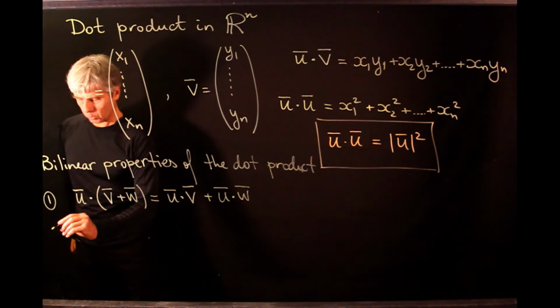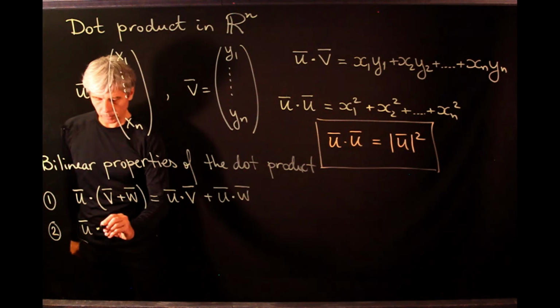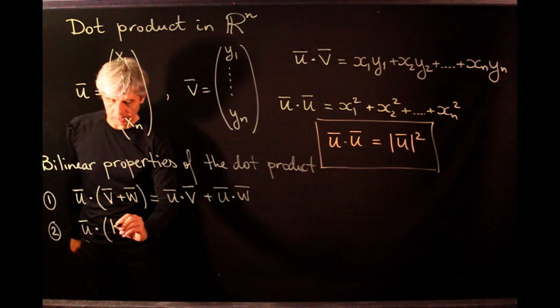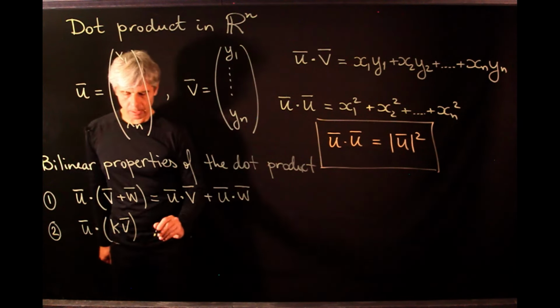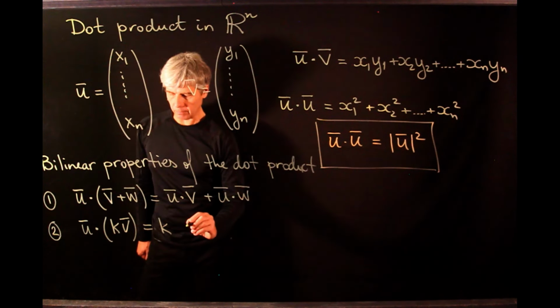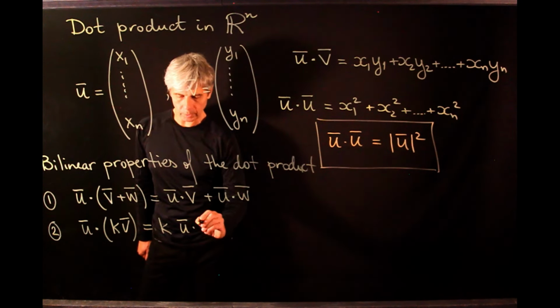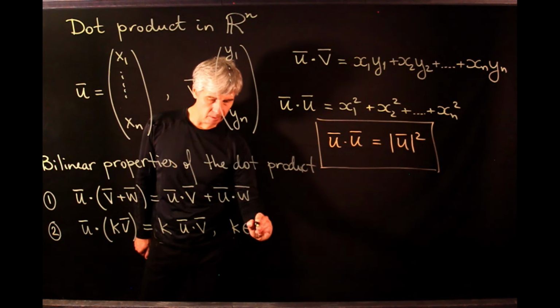And 2, when we have a dot product of u with a constant multiple of v, then this is the same as k times the dot product of u and v. So here k is a real scalar.